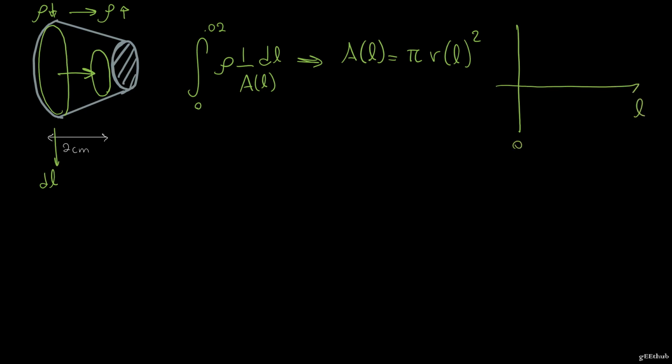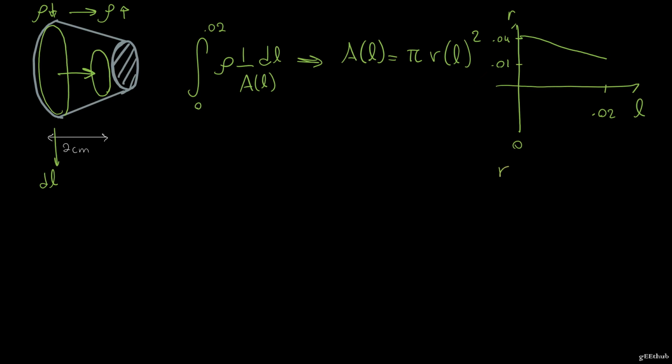At length equals 0, my radius is 4 centimeters. And at length 2 centimeters, my radius is just 1 centimeter. So it goes down like this. If you were to draw the entire object from the side, it would look like this. But the radius goes down from 4 centimeters to 1 centimeter when length reaches 2 centimeters.